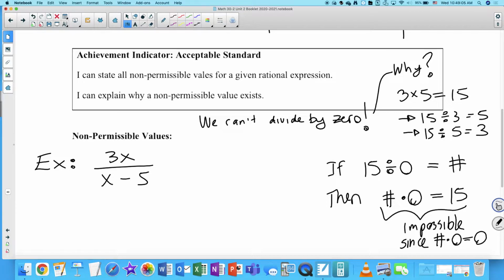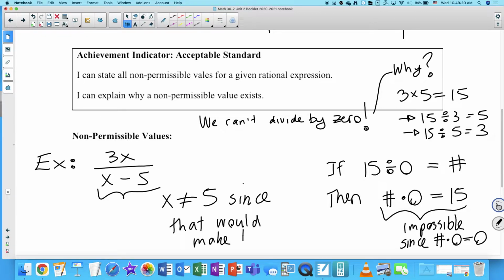So here, x cannot equal 5 since that would make the denominator zero. And when the denominator is equal to 0, we have an undefined expression.